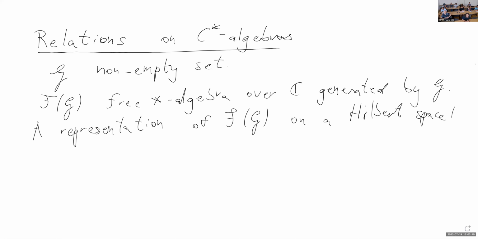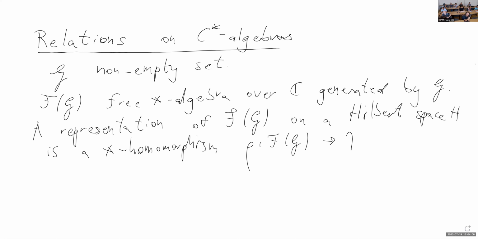I'm going to write rho for this representation. And because it's freely generated by the set G, it's enough just to give the operators for the generators.